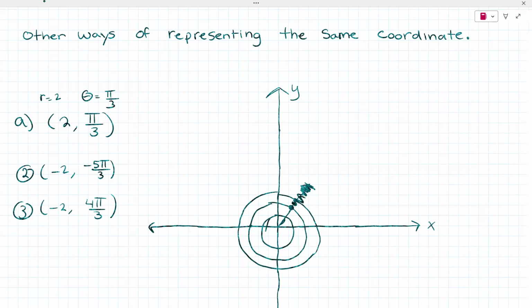And then what's another way? We need one more, right? Because we want 3. So what if I use -2, and then my theta would be, let's use another negative. What about negative 2 pi over 3?